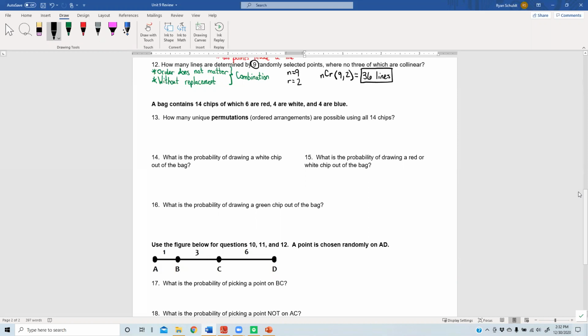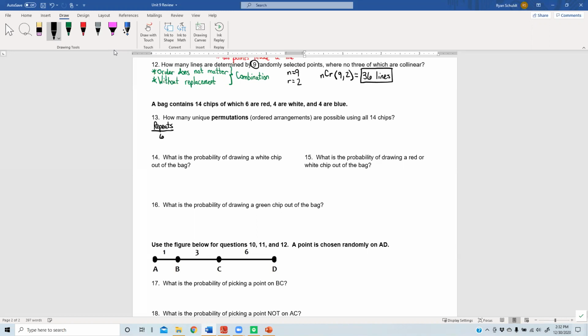That's how many ordered arrangements are possible. How many ways can we order them? Well, keep in mind, these red, it's not like they're numbered 1 through 6. They're just red. I can't tell which one is red number 1 and red number 2. It's just all red. So that means each of these are repeats. If we're looking at unique arrangements, we have to deal with repeats here.